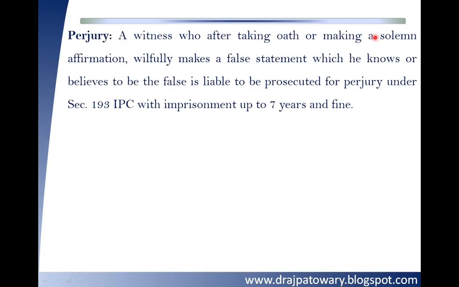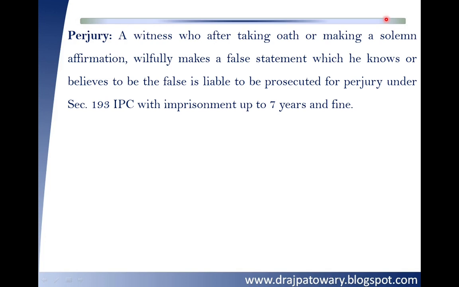Now, perjury: a witness who, after taking the oath or making a solemn affirmation, willfully makes a false statement. In simpler form, it is a false statement by a witness under oath.